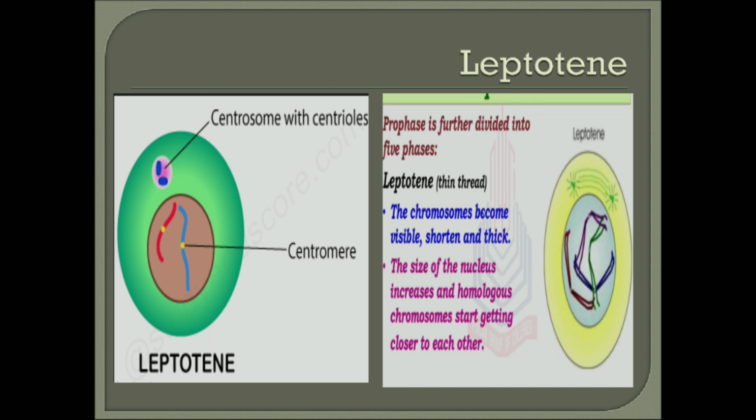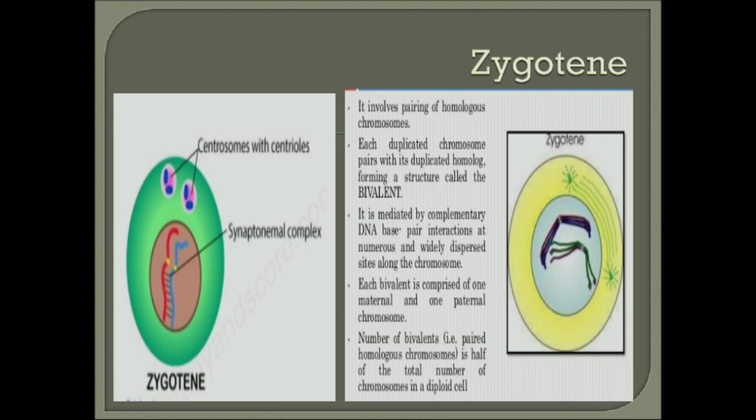The chromosomes become visible, shortened and thick in late leptotene. The size of the nucleus increases and homologous chromosomes start getting closer to each other. So this is the leptotene phase of meiosis first.